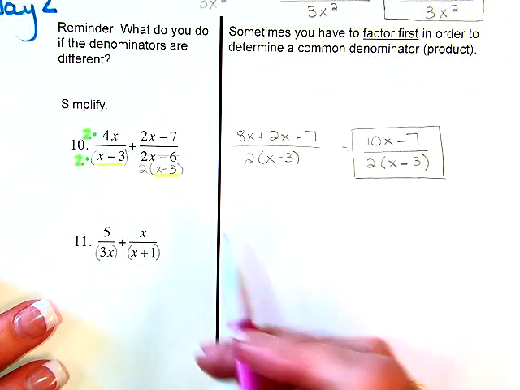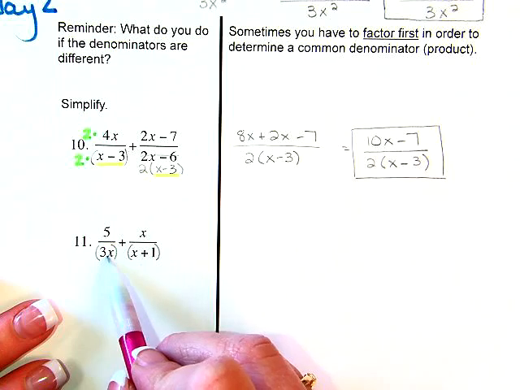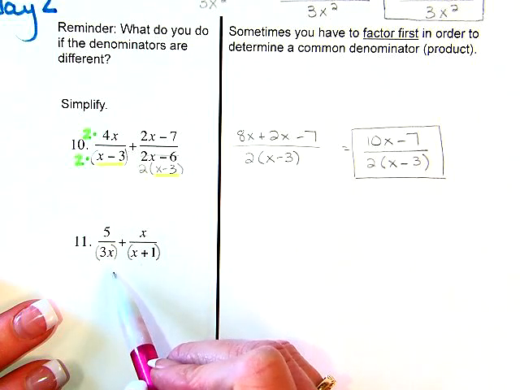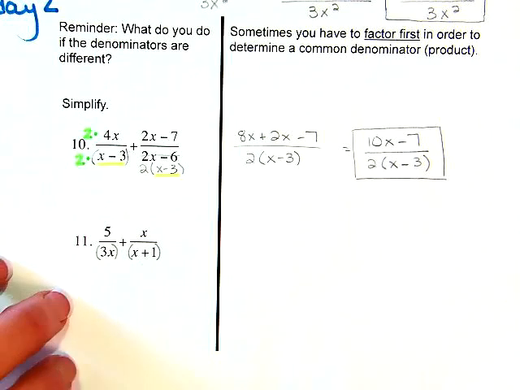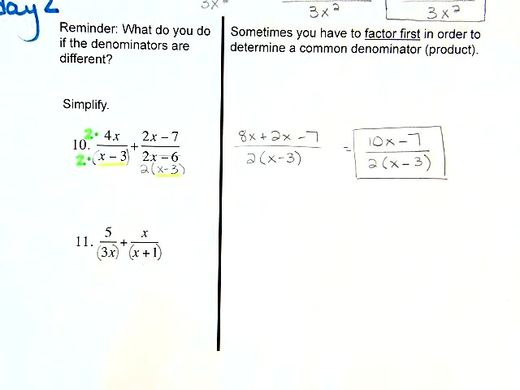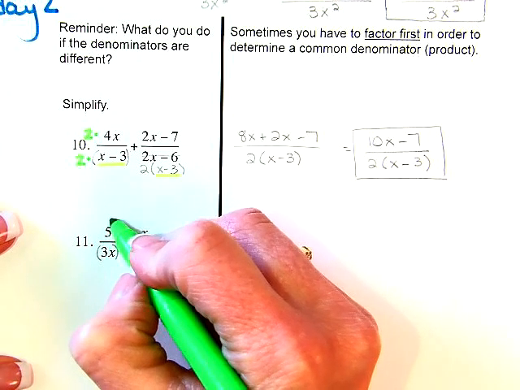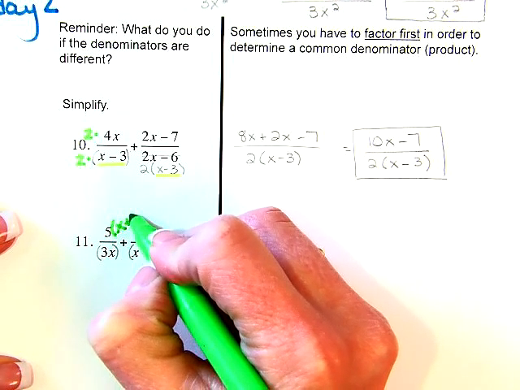And then the right fraction is actually missing the 3x factor. Okay? So I don't have a ton of space here, but what I want to do is multiply this side by an x plus 1, and so I'm going to kind of squeeze it in right here.